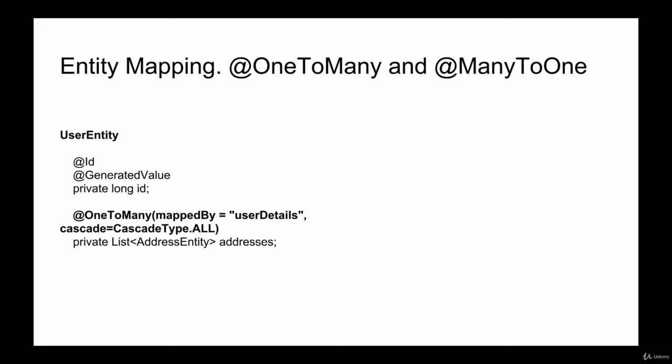And this will work well for a delete operation as well. If we send an HTTP delete request to delete a user, the list of addresses linked to this user will also be deleted. And we also specify that these records will be mapped by a field in the address entity object, which has the name userDetails.